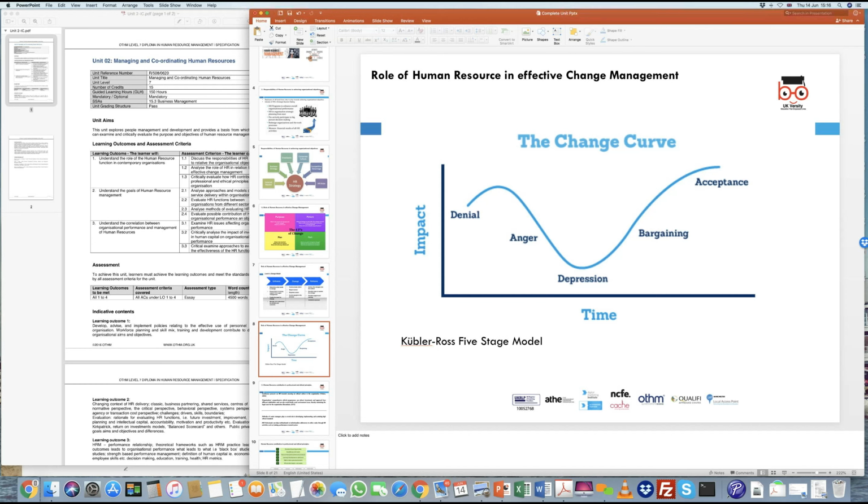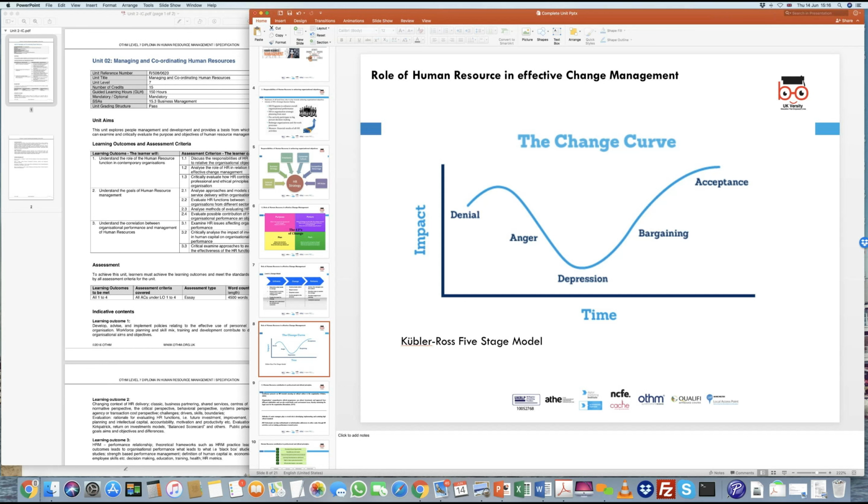Yeah, we see this as an example on a daily basis with our kids at home. Sometimes you ask them to do something, they do not do it. They are totally in denial. Can you do your homework? No, they are not even listening. At some stage, you will see a bit of anger. They come to a stage wherein they say, okay, I can't do this, or I need help. And then once they have done that, you do a bit of bargaining with them. Okay, if you finish your work, I'll give you this. Or if you do this, you'll get that.